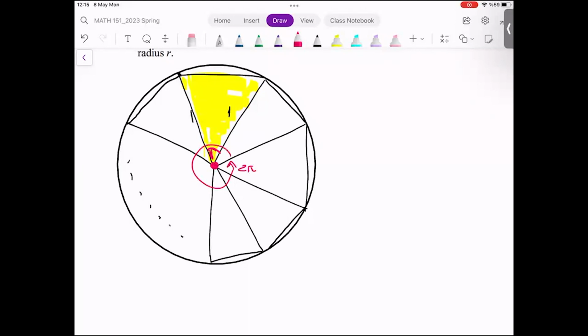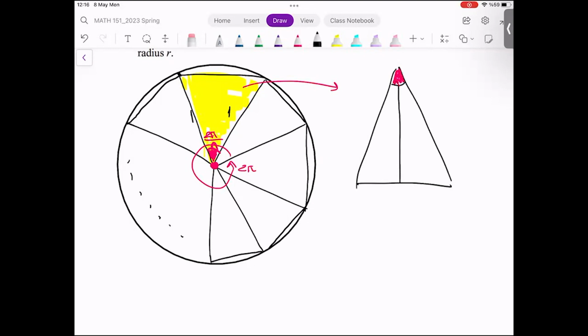That's why this angle here should be 2 pi divided by n. Okay, because we divide into n many triangles. Let's take this triangle here and concentrate on it in a more detailed way. Okay, I computed this angle as 2 pi over n.